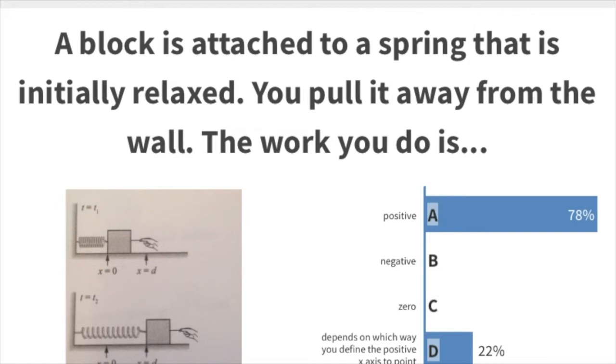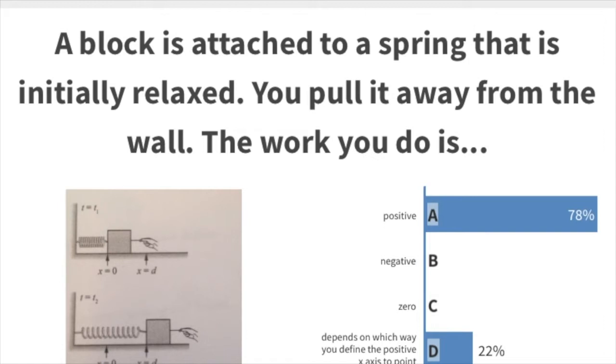The angle between the two is 0 if they're pointing in the same direction. So force points this way, displacement points this way. That means theta is equal to 0, and cosine of 0 is 1. Doesn't matter if you use radians or degrees, but I'll say degrees. So cosine of 0 degrees is 1, so this becomes positive force times displacement.